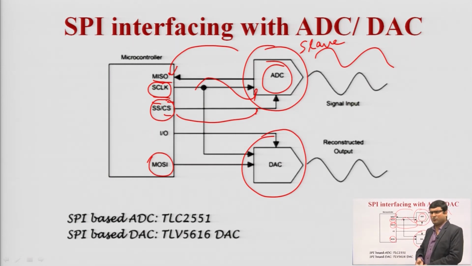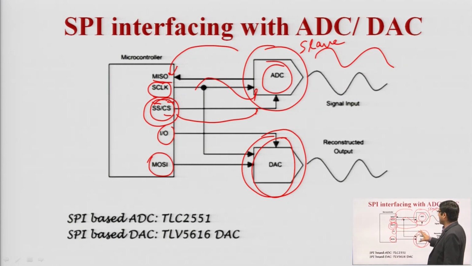Basically ADC and DAC are both integrated circuits. The ADC integrated circuit is enabled by the SS or chip select pin, and the DAC chip is enabled by general purpose input output. So here you can see there is a separate chip select line for the ADC and the DAC devices. The ADC is triggered by the chip select line, and the DAC device is triggered by a general purpose input output, a separate line.